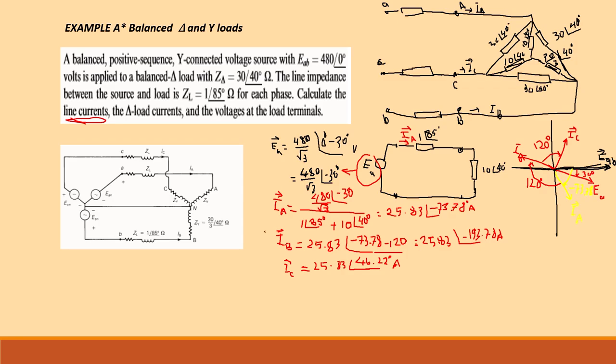Now, if we want to calculate the current on the delta connected load, we want to find IAB, for instance, IBC, and ICA.